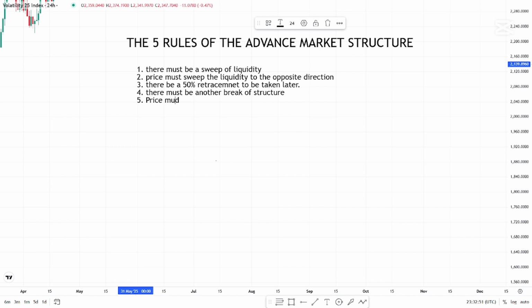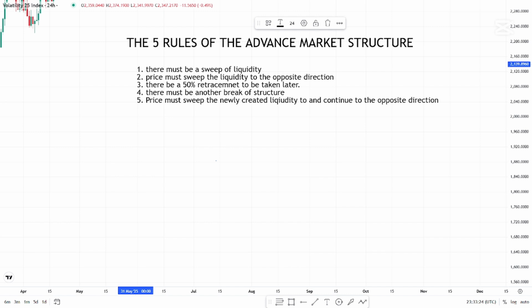And rule number five, price must sweep the newly created liquidity and continue its movement to the opposite direction.